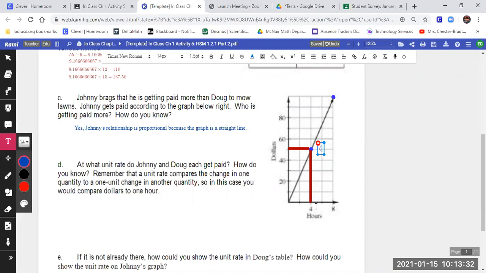How far over did we go? Look to see where the line touches. Where did the line touch down on the bottom? That's how far over we went.